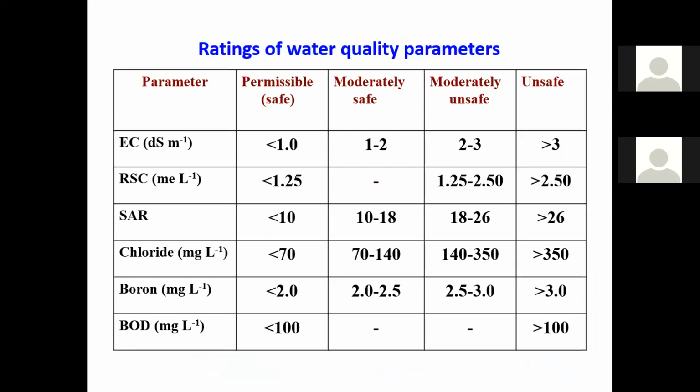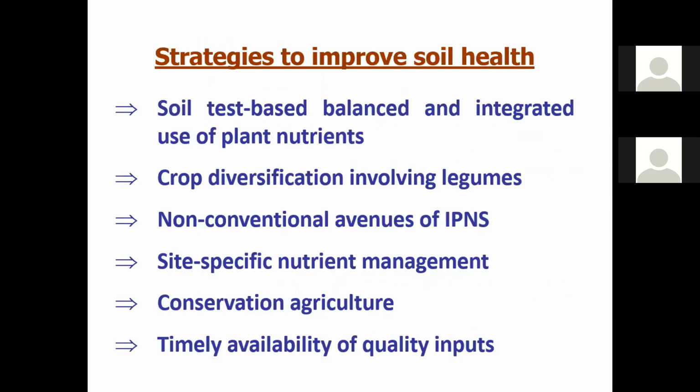These are some limits for the water quality parameters. The major parameter is again electrical conductivity, EC, then residual sodium carbonate, then SAR, and in some cases boron content is also in excess, which may become toxic. According to that, we have to assess.